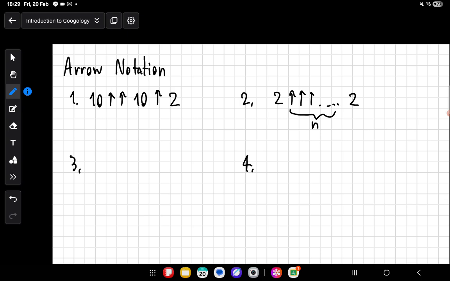It'll get a little bit more complex from this point on. I'm going to give you 10 triple up arrow 10. Number 4. 3 quadruple up arrow 10, triple up arrow 2. Now, I recommend you pause the video so you can find the answer to all these questions.